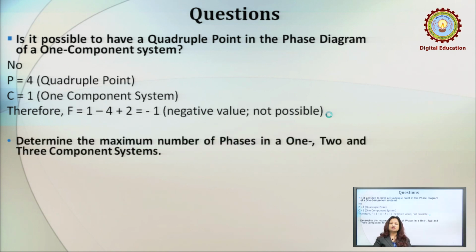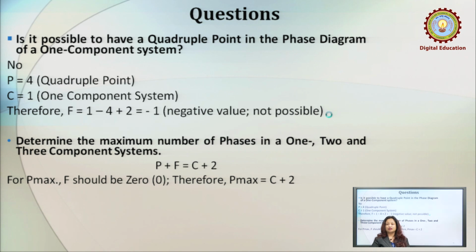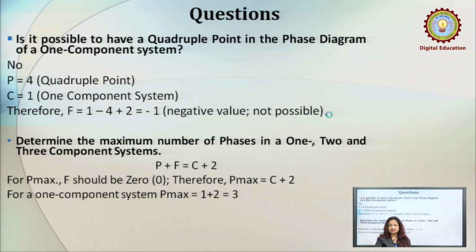Now the second question is: determine the maximum number of phases in 1, 2 and 3 component systems. In order to have the maximum number of phases, the degree of freedom should be 0. In this formula you can easily see that in order to have P maximum, F should be 0. So for a one component system, it should be 1 plus 2, that is 3.